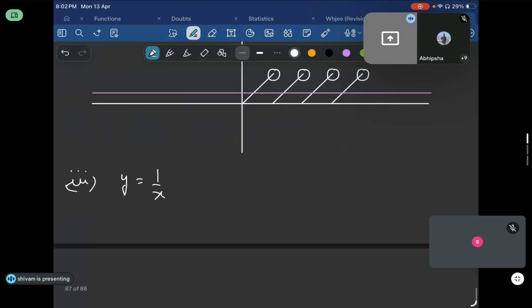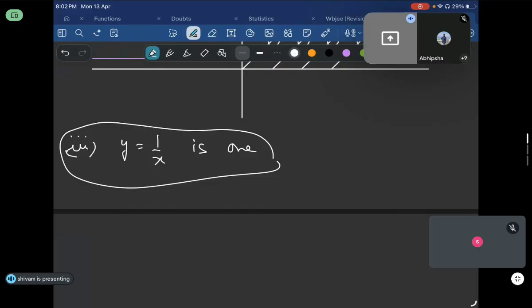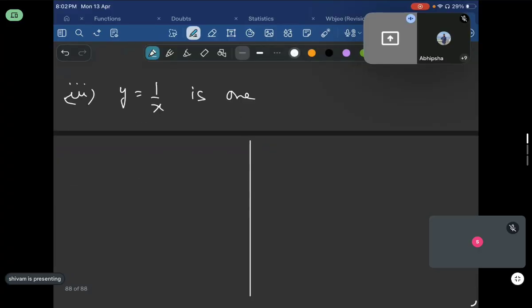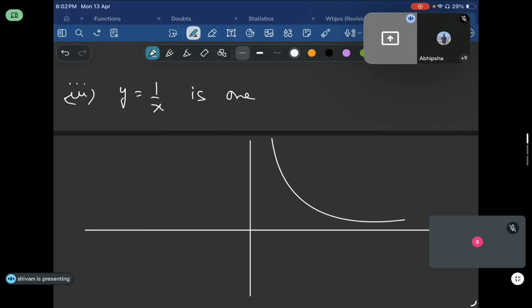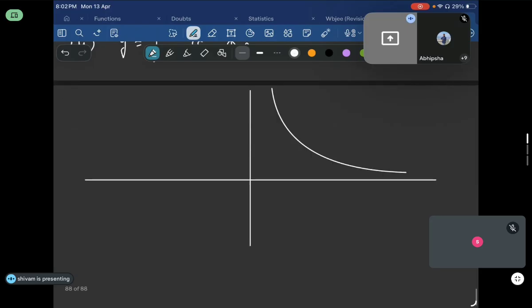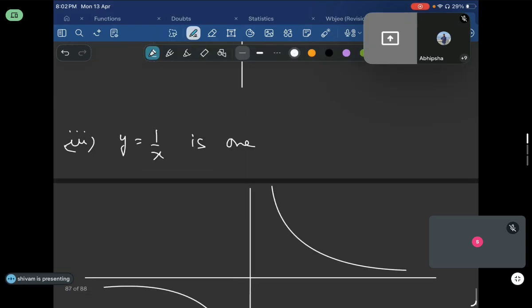Y equal to 1 by x is 1-1. It will be a hyperbolic graph, a rectangular hyperbola in the first and the third quadrant. This is how it is going to look. So you will never get a straight line parallel to the x-axis which will cut the graph in 2 distinct points. Okay, next.